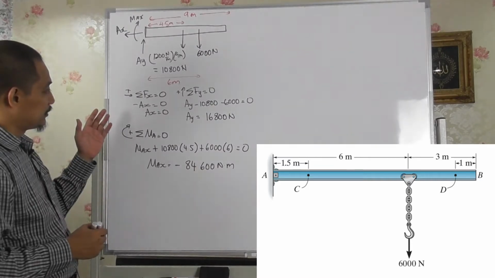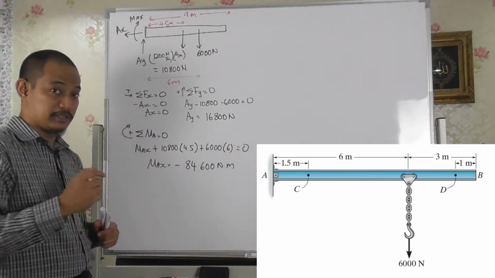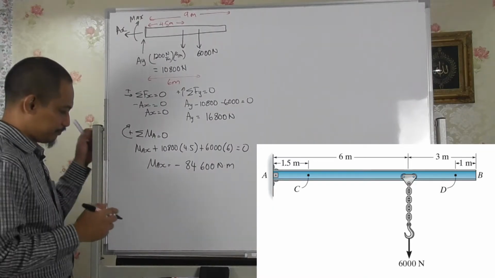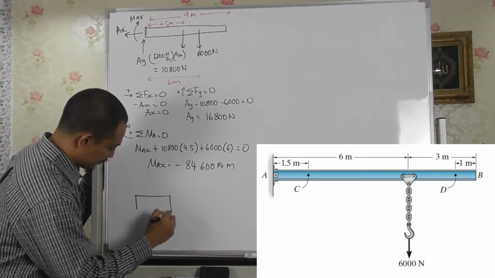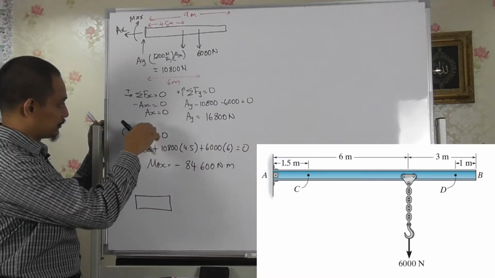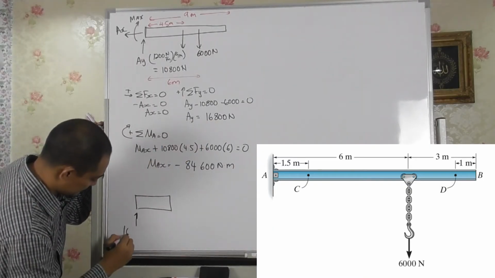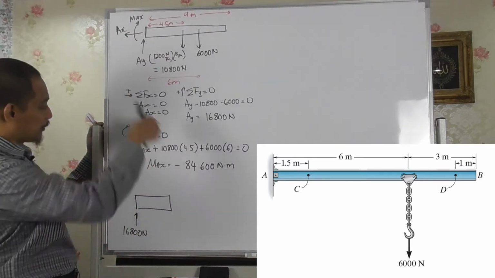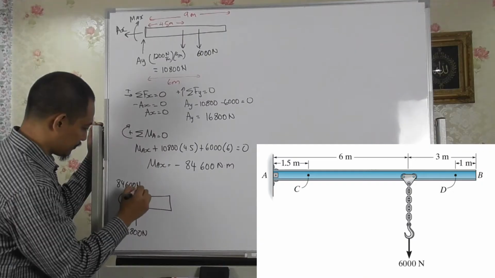Having solved the support reaction, now we can go to solving for the internal force at point C. We will be drawing the free body diagram of section AC. The support reactions are already determined: Ax is 0, Ay will be upwards 16,800 Newton, and Max will be counterclockwise 84,600 Newton meter.